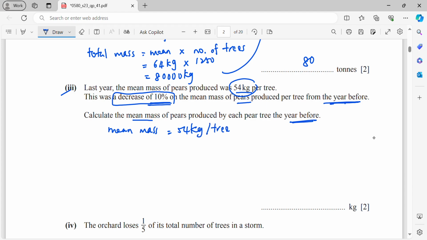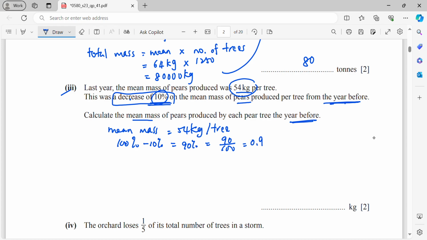Okay, so now because of a decrease of 10%, that means it will be 100% minus 10%, which is 90%. So this 90% is the same as 90 over 100, which is 0.9.